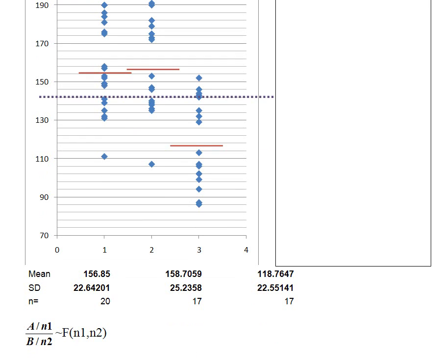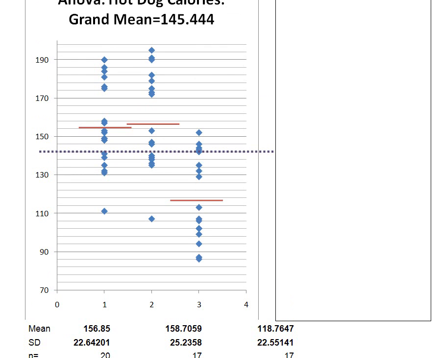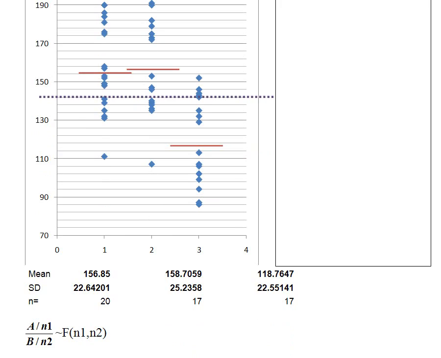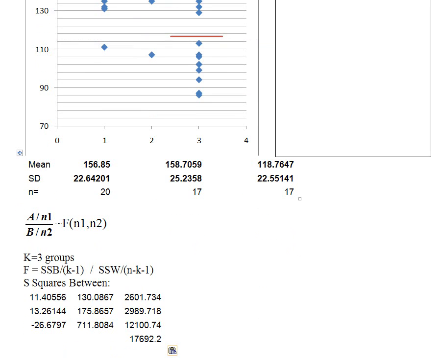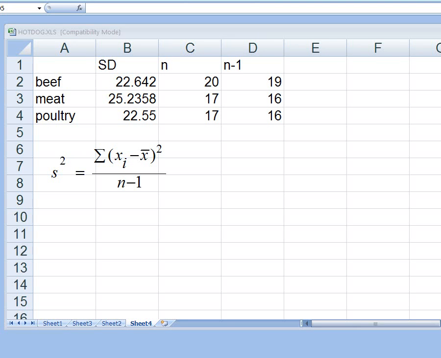Now, a shortcut to having to do that for all the points is to use the standard deviation. Now let's see how that would work. So remember, what we want is the sum of squared differences for this sum of squares within.